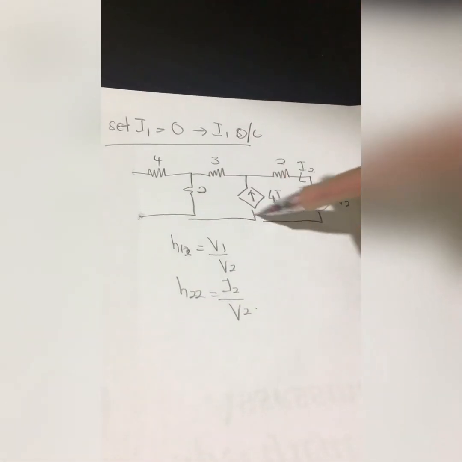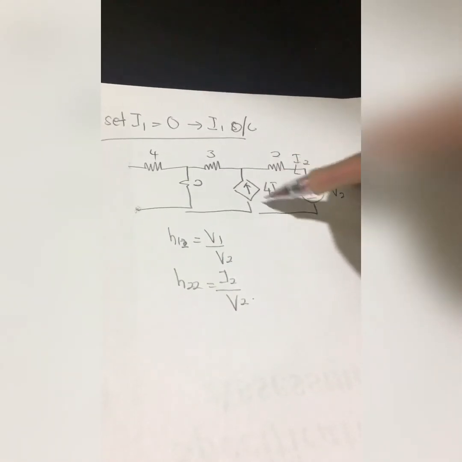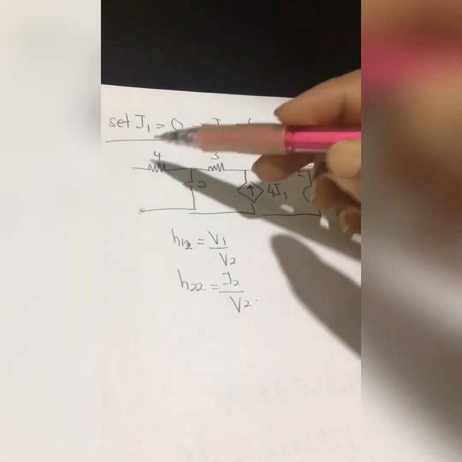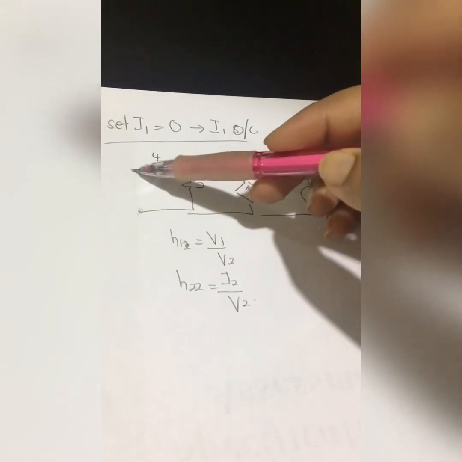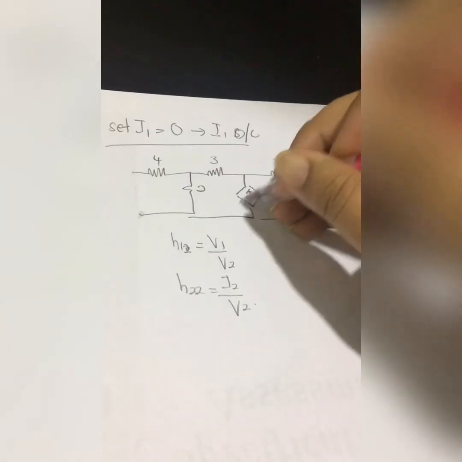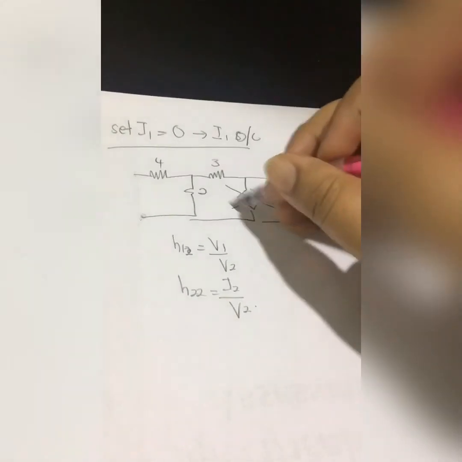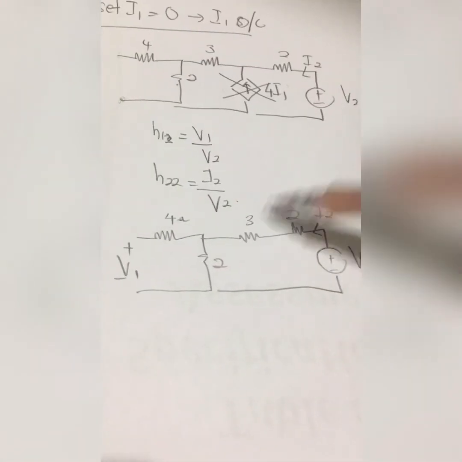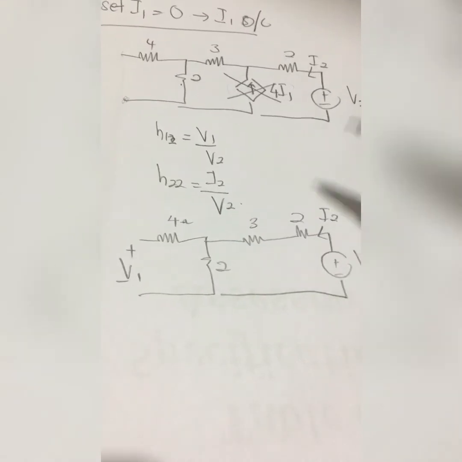Okay. So we have a dependent source here. This current source is actually dependent on the current flowing in this branch. Since I1 is 0, automatically this dependent source will become 0. So we don't have to consider this part. So your circuit will be reduced, and will become like this.